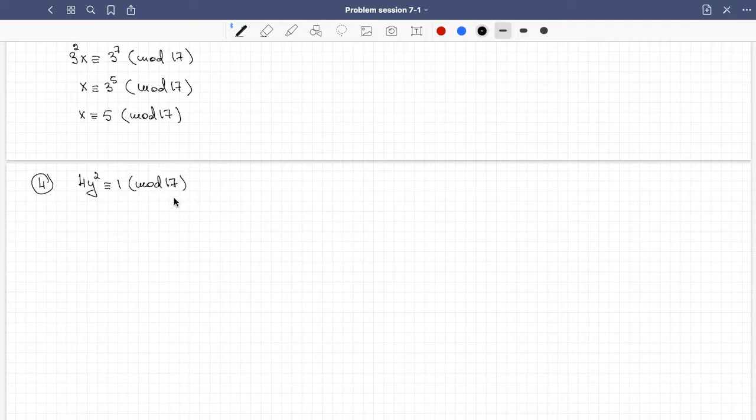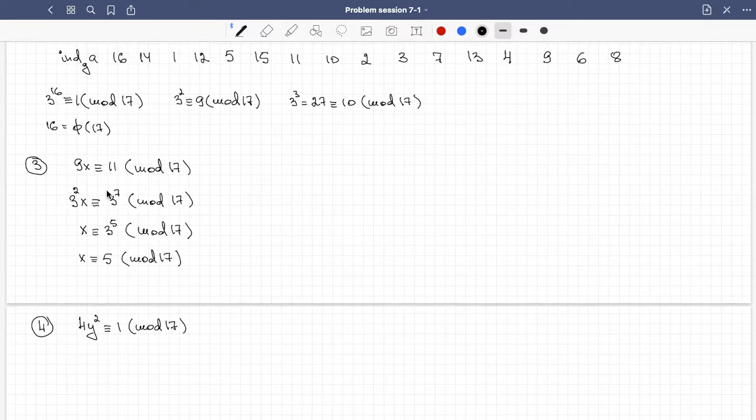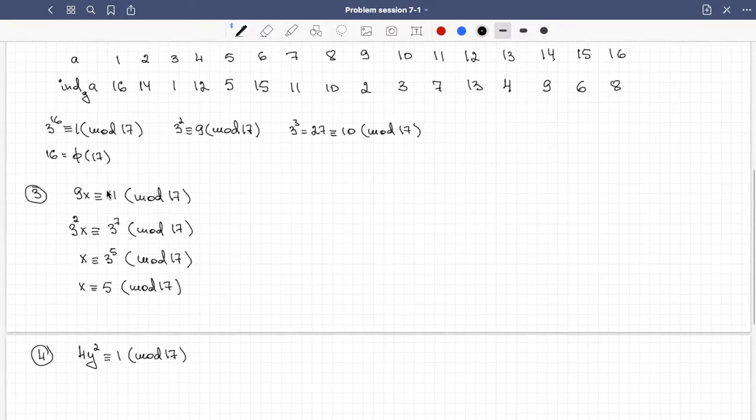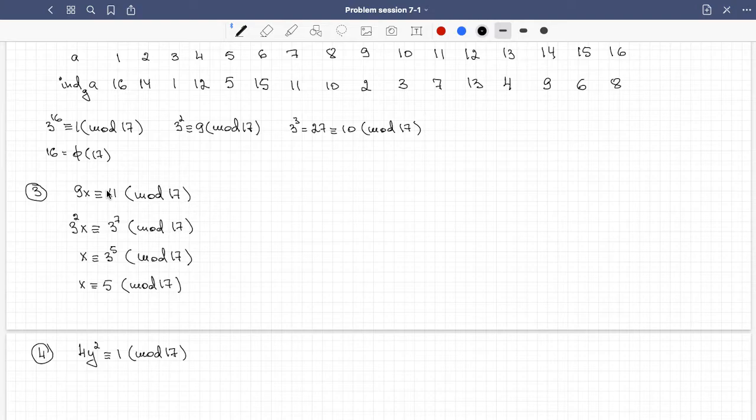We again rewrite 4 and 1 as powers of our primitive root, which is 3. The choice of primitive root, let me reiterate, is arbitrary. You may work similarly not with 3 but with any other primitive root modulo 17 to solve these kinds of congruences modulo 17.